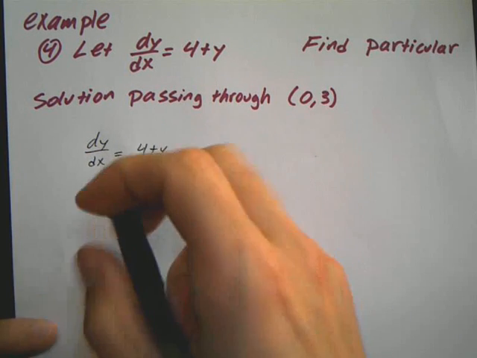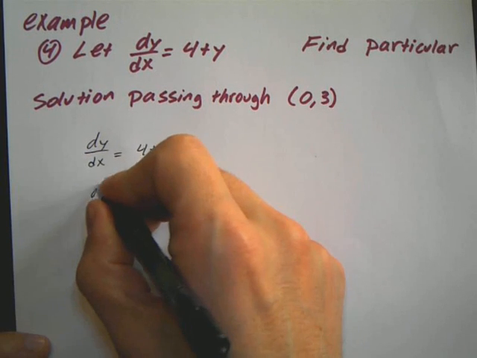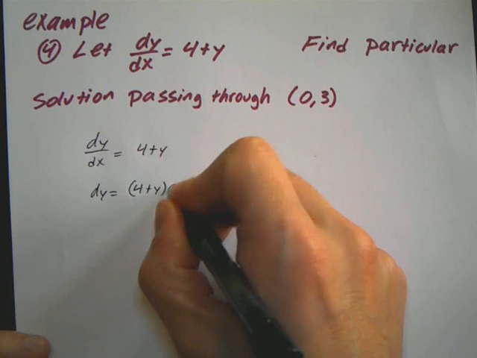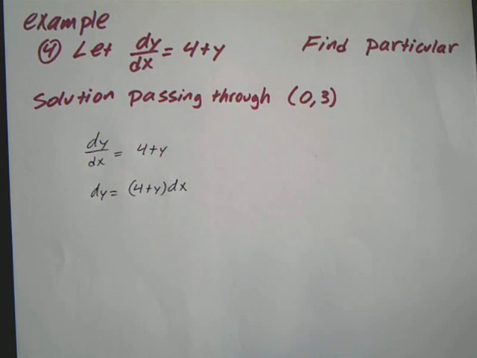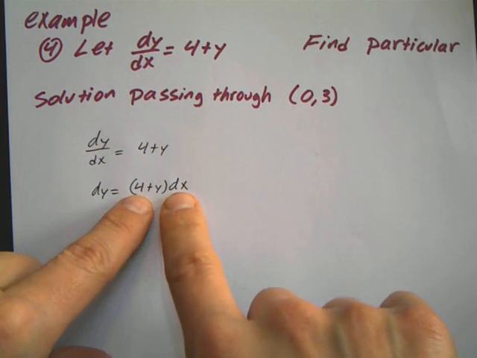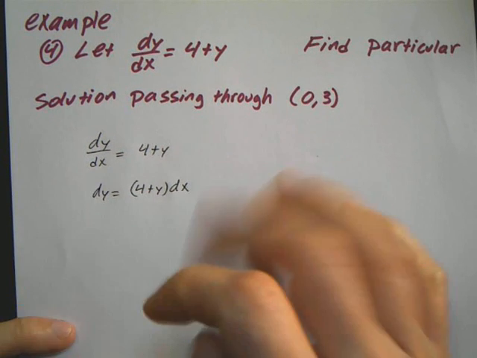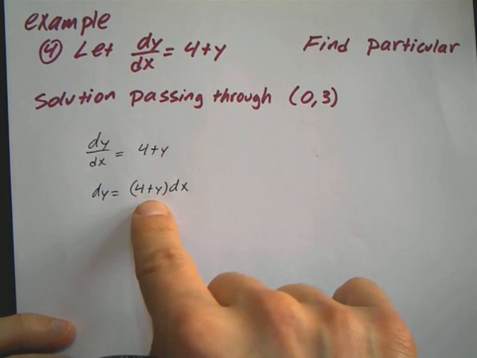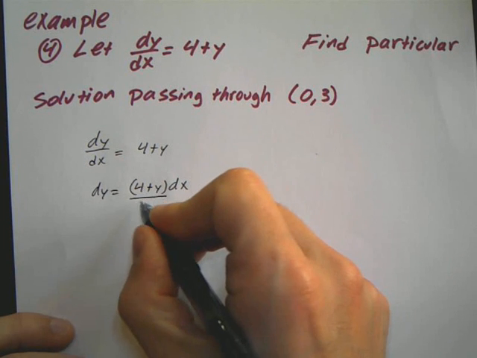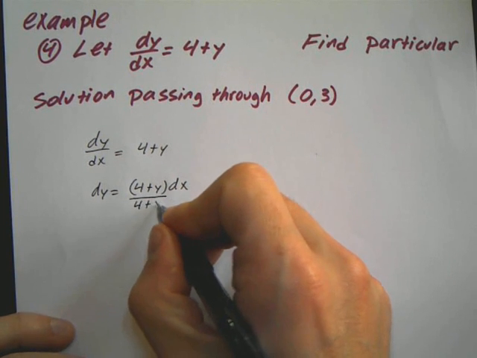So when I cross multiply, it's going to be dy equal to (4 plus y) dx. The reason I put parentheses is because I'm multiplying all of this by dx. And notice none of these terms have an x in them. So I'm going to have to divide this whole thing, 4 plus y, over here on this side.